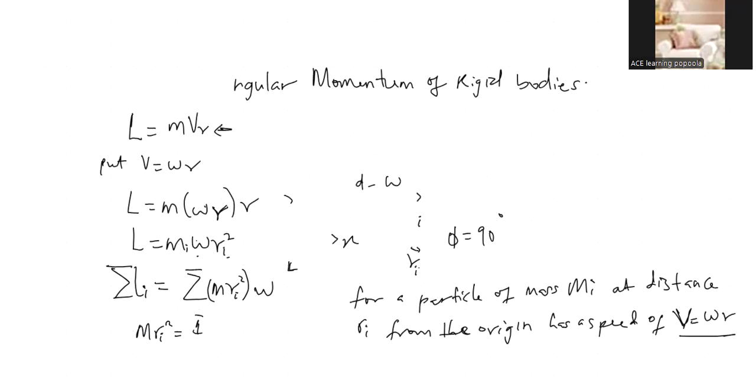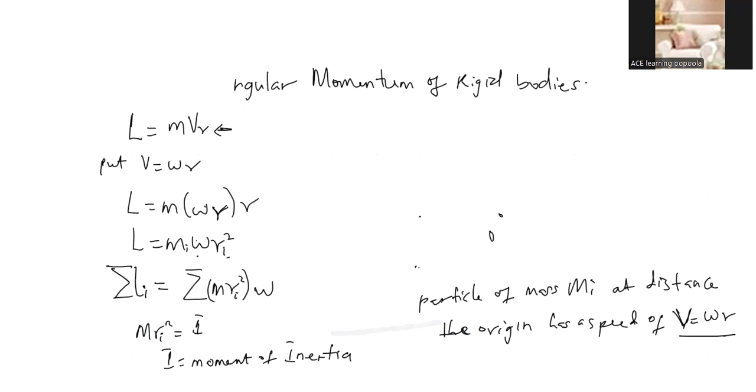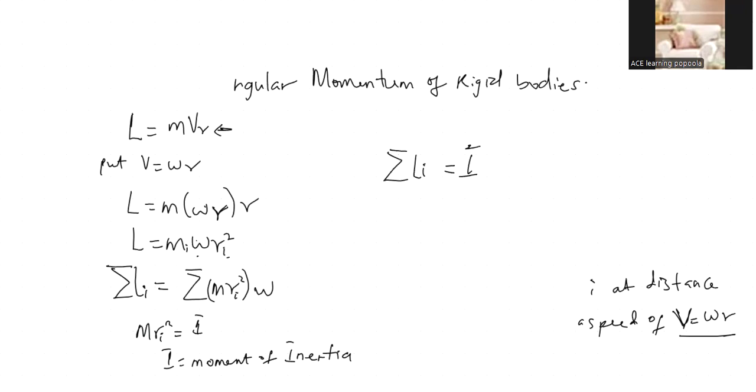where I is the moment of inertia. So the final formula becomes the summation of L_i equals I omega, because we're substituting m r squared equals I into this equation.